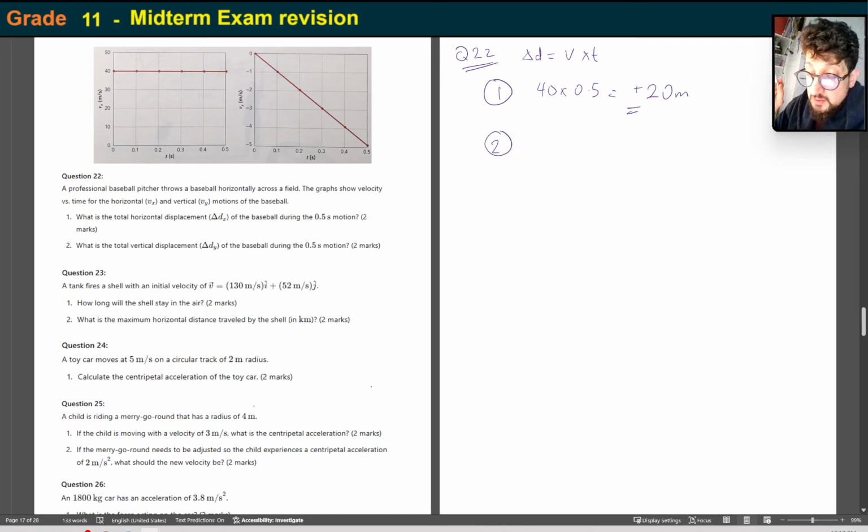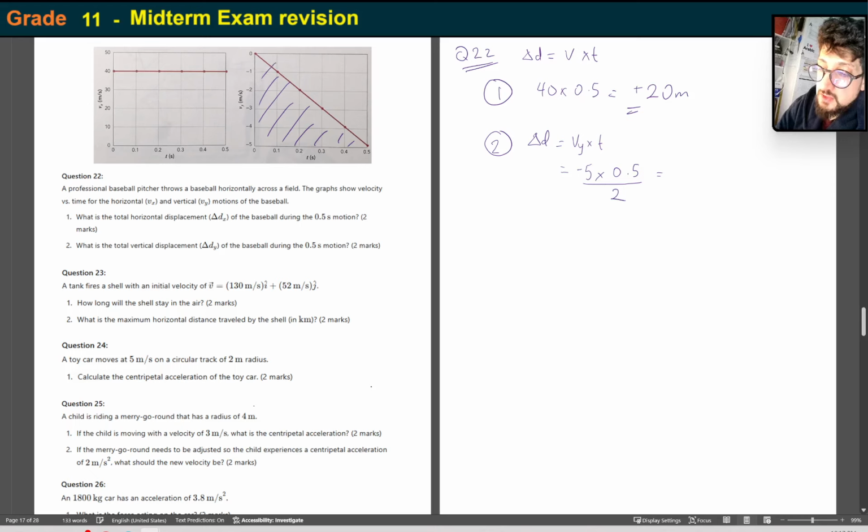What is the total vertical displacement of the baseball during 0.5-second motion in the y direction, that is? So delta d in the y is going to be v times t, or vy times t. So it's going to be -5, because I can see here that it's -5 multiplied by 0.5, all over 2. Why all over 2? Because remember, it's a triangle this time.